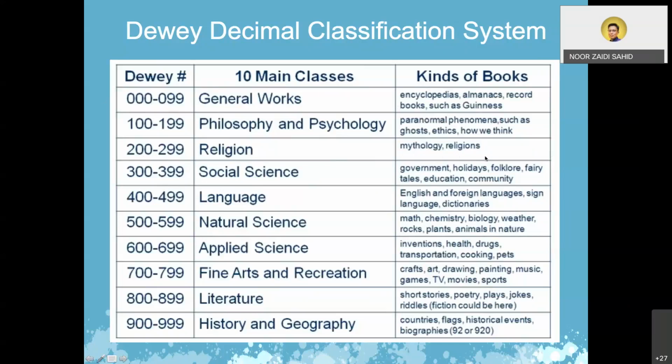Maybe books about social science. So what is the number and what is the collection? What kind of titles? It can be government publications, government reports, books about holidays, folklore, fairy tales, education and community. But this number is the main heading, the main number. If the title is more detailed, involving 2 or 3 classes in a single topic, then you have to break down the number further.